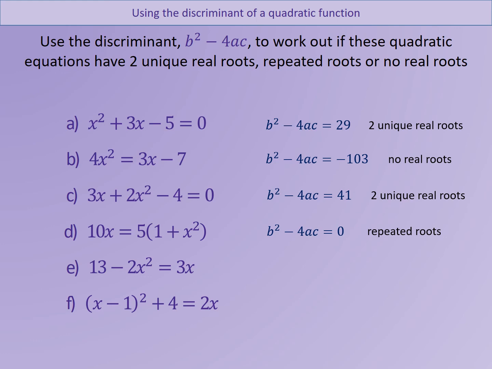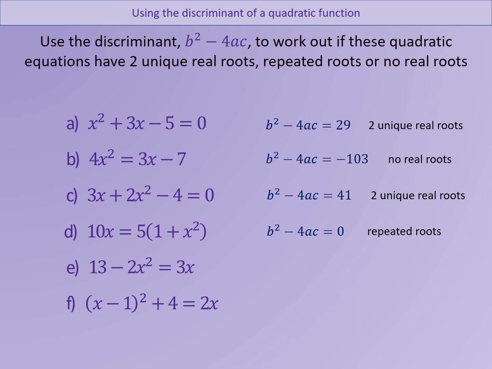Now in E, you can either leave these left-hand side terms where they are and bring the 3x across, or you can take the 2 terms on the left-hand side and take them across the right-hand side. It doesn't matter, you'll get the same answer whichever way you do it. I'm going to do it whereby I take the 13 and the -2x² across to the right, and the reason why I'm doing that is so that I'm making my x² positive.